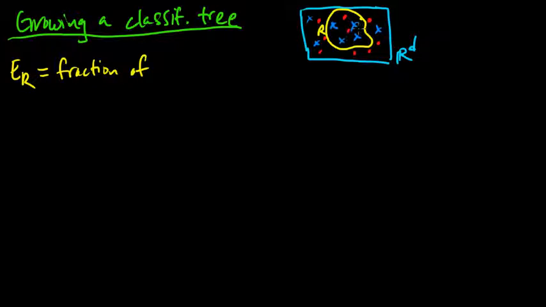So in this case we've got 4 blue X's and 2 red dots, so we would classify a new point in this region, say this one, as a blue X.